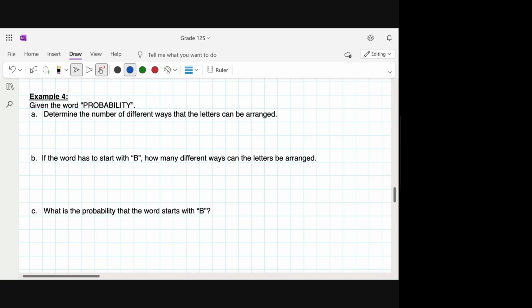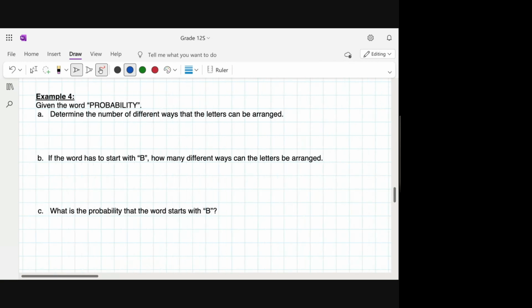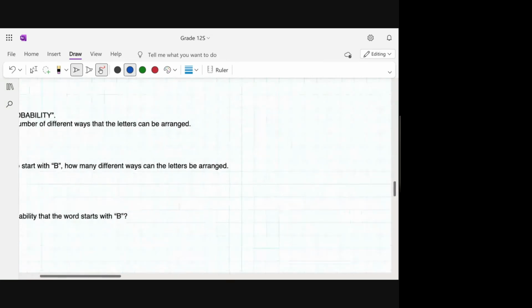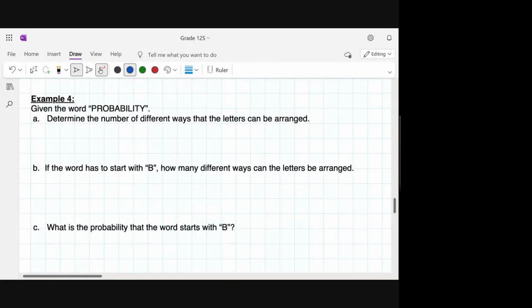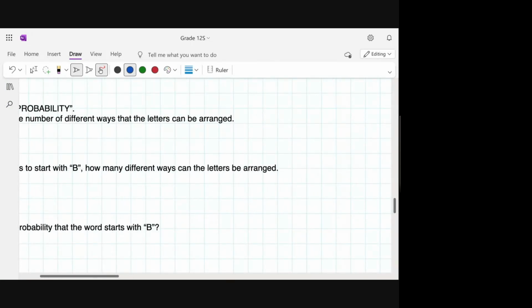If we're looking at the word probability, I've got the letter P, I've got one of those. The letter R, one of those. O, one of those. Then I've got the letter B. Do you agree that in the word probability, there's two B's?